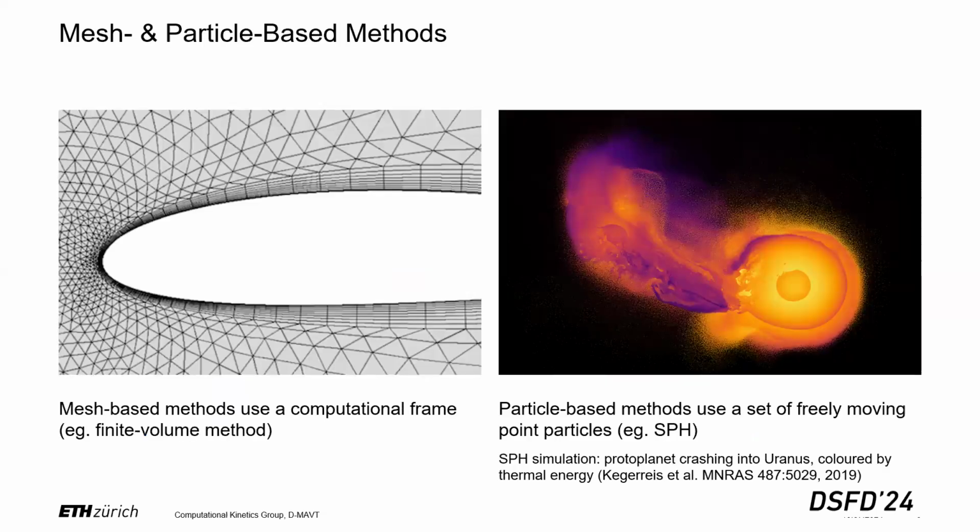In mesh-based methods, like in the figure on the left, where we model an airplane wing, we draw a mesh around the region of interest and then calculate the properties of interest at all the different nodes at each time step. A lot of commercial software like COMSOL and Cadence use mesh-based methods like finite volume methods.